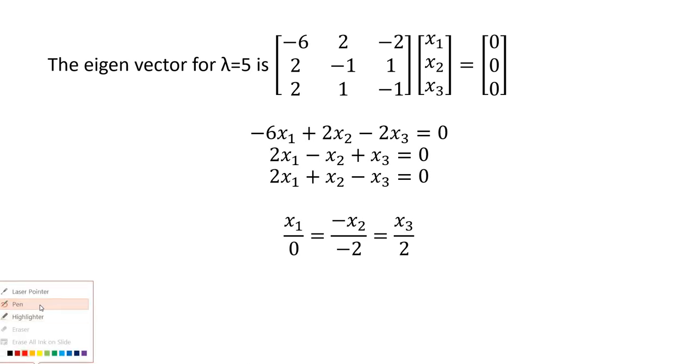For x3, we have 2 into 1, 2 into 1 is 2, minus 2 into minus 1 is 2 minus minus 2 is again 4. So we have here minus 4 and 4.